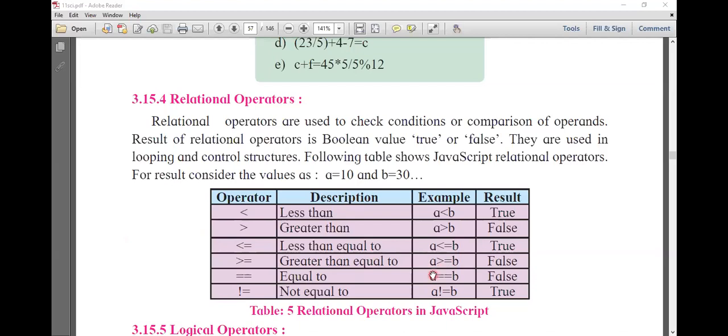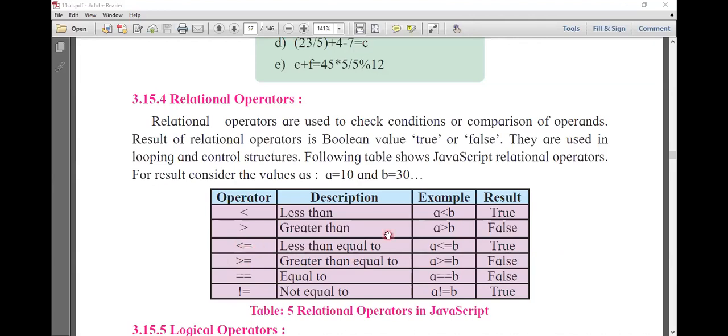It is not greater than, and it is not equal to. So what is it? False. 10 is not greater than 30 and 10 is not equal to 30, so we can say it is false. So when you say less than or equal to, it is true. When greater than or equal to, it is false.